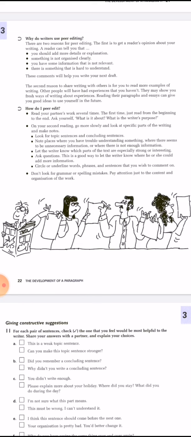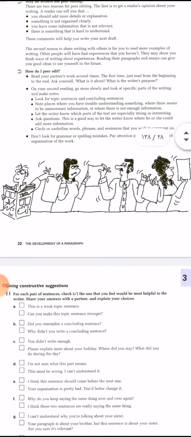Something where there seems to be unnecessary information الأماكن اللي بيها مشكلة نحددها بيها غموض. المعلومات اللي ما لها علاقة وغير ضرورية أيضا نحذفها والمعلومات الناقصة أيضا نأكد عليها. Let the writer know which parts of the text are especially strong or interesting وإلى آخره. Ask questions سأل سؤال. This is a good way to let the writer know where he or she could add more information.